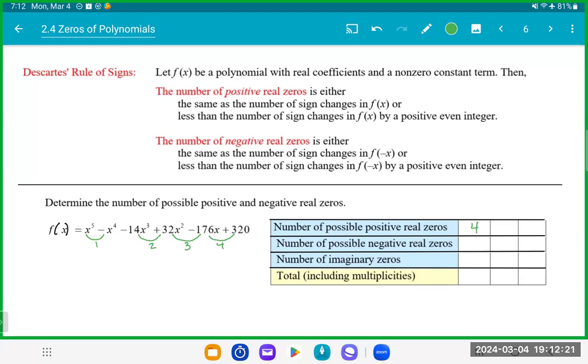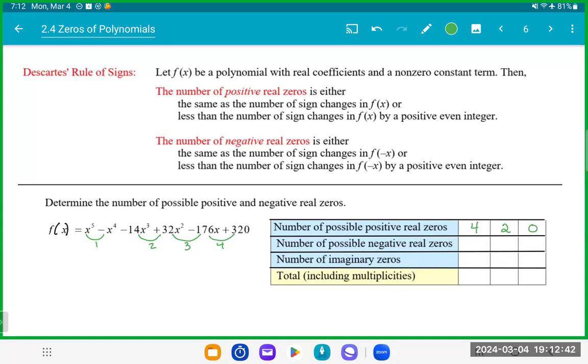But in doing this, you either have 4 and then we decrement by 2 because the conjugate pairs come in twos. So I could have 4 positives, 2 positives, or 0 positives, because the imaginaries have to make up the others.